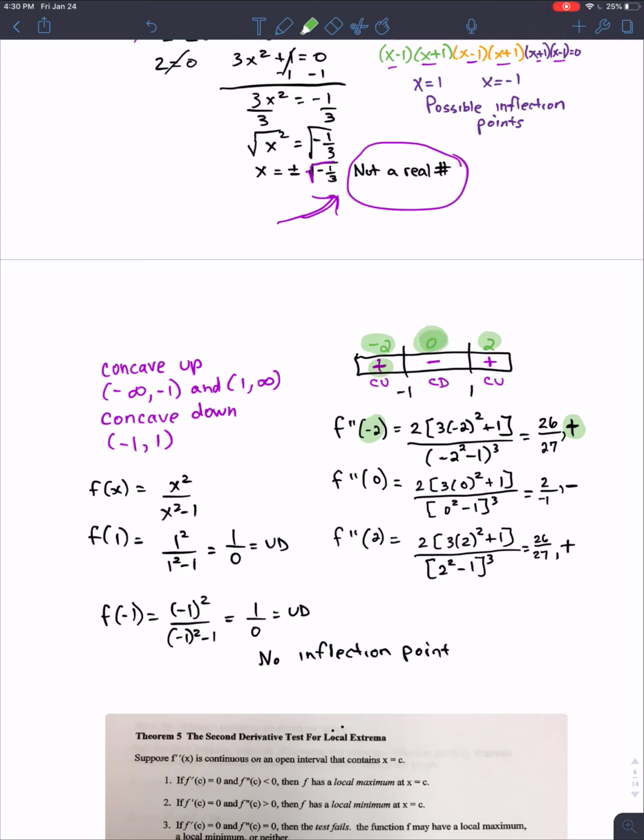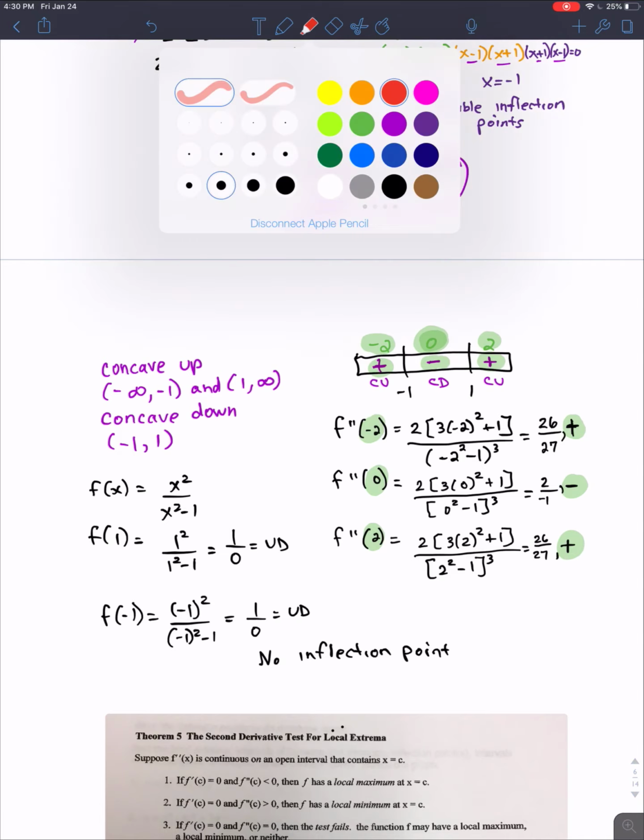So if it's positive, I put positive in there. Next, I tested 0. The calculation came out negative, so I put negative here. And the last one is 2. I evaluated it in the second derivative, which is calculated on the previous page, and you get positive. So we went from positive to negative to positive.